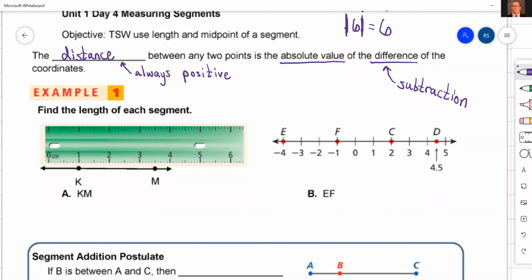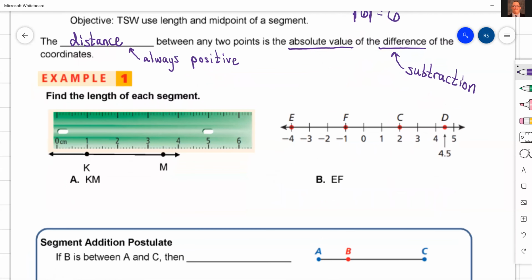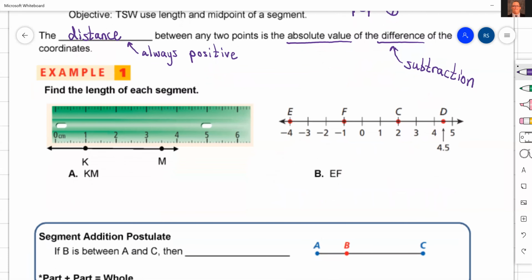So let's take that and apply it to our first example. They ask us to find the length of each segment. Remember, just as a little vocab review, a segment has a beginning and an end. So if we're asked about km, here's k, here's m.